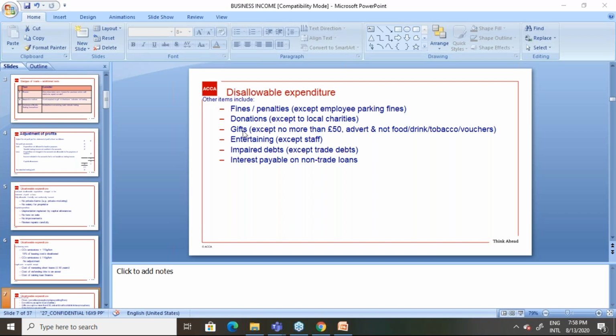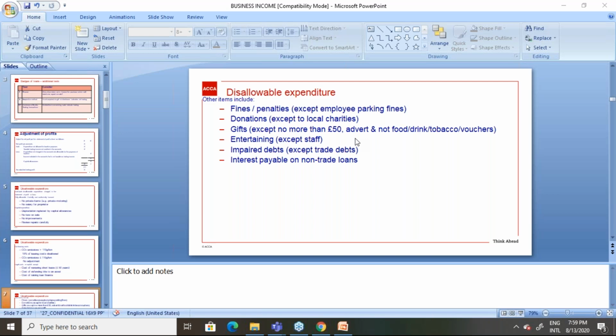Then when it comes to gifts, if you make a gift to an employee, it's an allowable expenditure when calculating the tax-adjusted trading profit. But if you make a gift to a customer, normally it's not allowed. However, if all 3 conditions are met, then that gift to a customer is an allowable expenditure. What are the 3 conditions that you have to meet? The value of the gift per person per annum should be £50 or less.